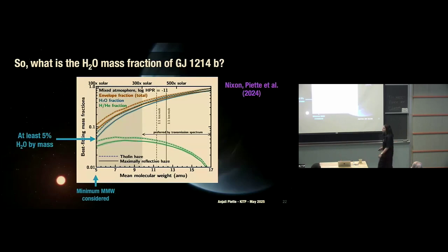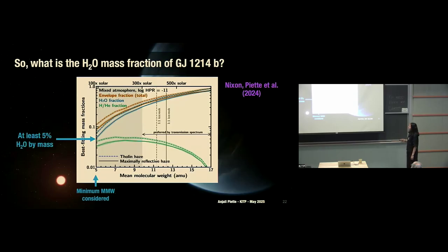So if we put this all together, what does this tell us potentially about the interior structure of GJ 1214b? Here we have the mean molecular weight of the atmosphere versus the best fitting mass fractions. I want to focus on the blue, which is the water mass fraction. Obviously, you probably should have carbon in there, as we discussed yesterday. This is just a proxy.